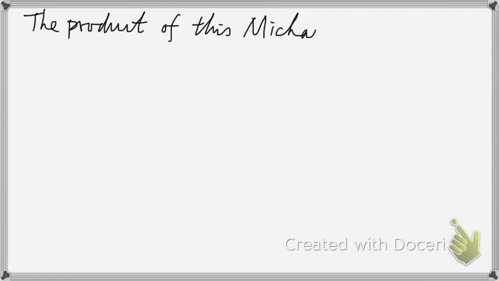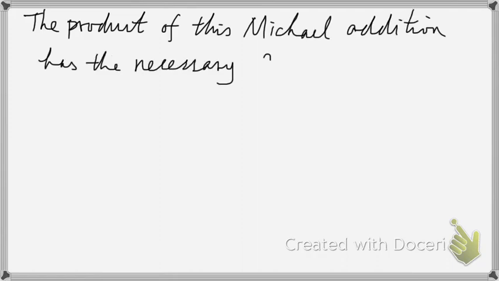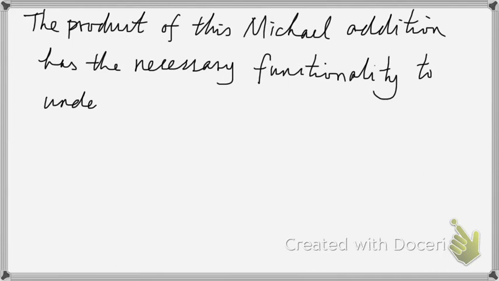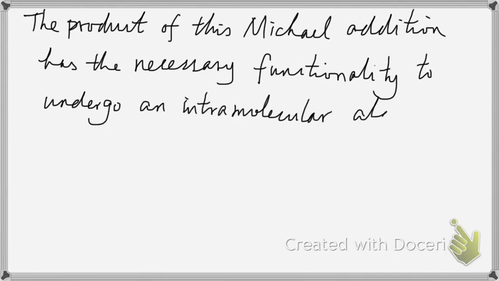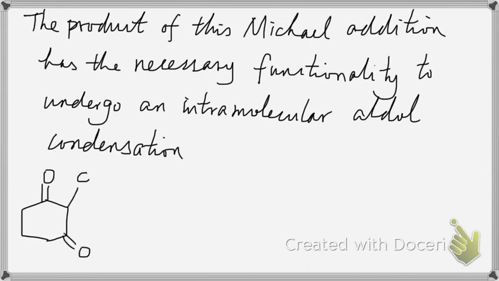The other aspect of the conjugate addition is that the product of this Michael addition has the necessary functionality to undergo an intramolecular aldol condensation. What do I mean by that? Here is the product from this conjugate addition, this Michael addition. Remember, in aldol condensation, it's the enolate of one carbonyl reacting with the other carbonyl.